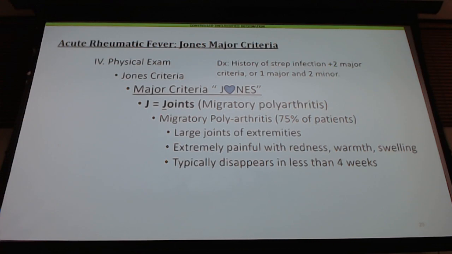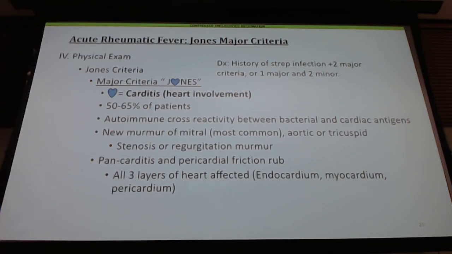Even if you don't do any treatment, typically this pain will go away within 4 weeks. Moving on, let's take that O and make it now in the shape of a heart. This is carditis. What's triggering this carditis, this inflammation of the heart, is that the immune system tries to attack the antigens of the group A strep.